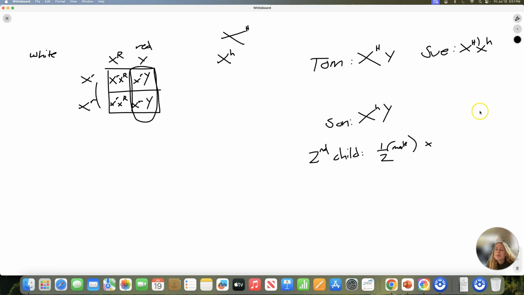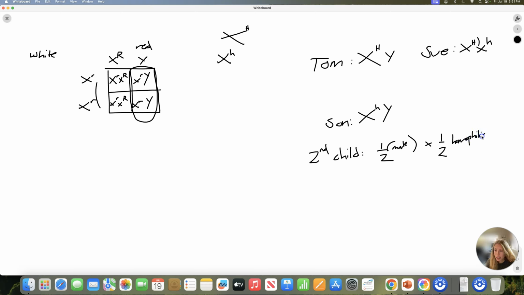You multiply those percentages. For Sue, she has two X alleles. She has a 50% chance of passing on her normal capital H allele and a 50% chance of passing on the lowercase h hemophilia allele. So this is going to be another 1/2 or 50% chance for passing on her hemophilia allele.